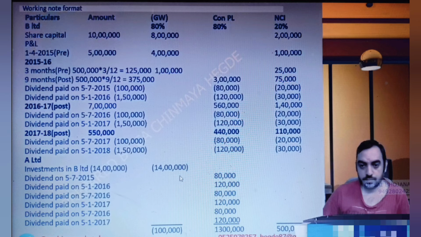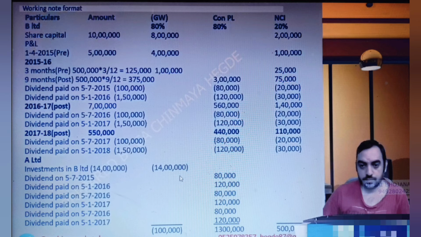And here it may look a little nonsensical to you that these amounts are subtracted and these amounts are added. Don't you think it's unnecessary? Why are we doing this? You could have ignored this. You're doing a minus in one, plus in another. Here it may look nonsense, but in full-fledged problems, this will not be available separately. This dividend income will be implicit, included in the holding company's P&L.